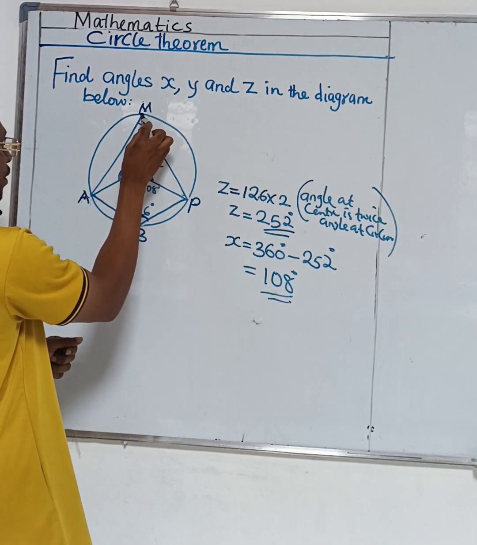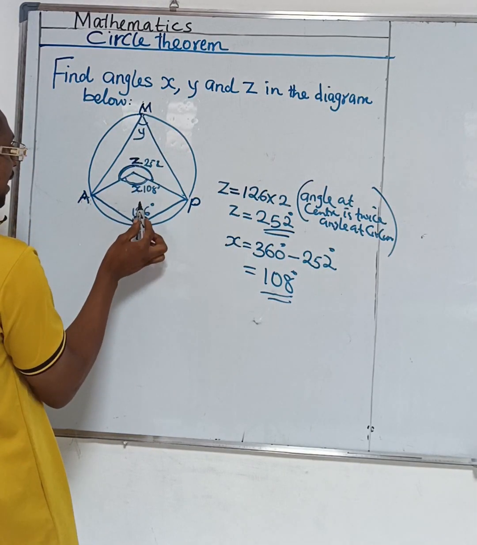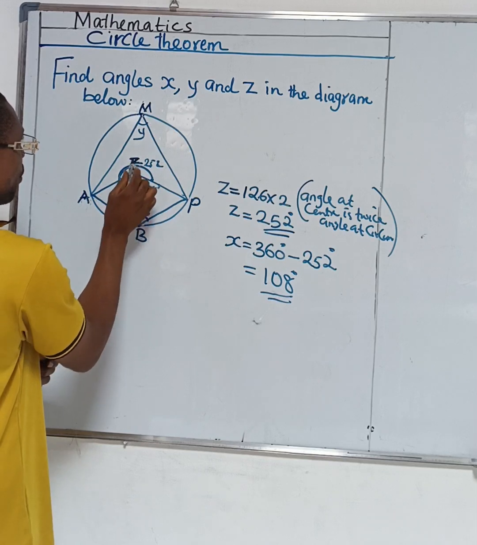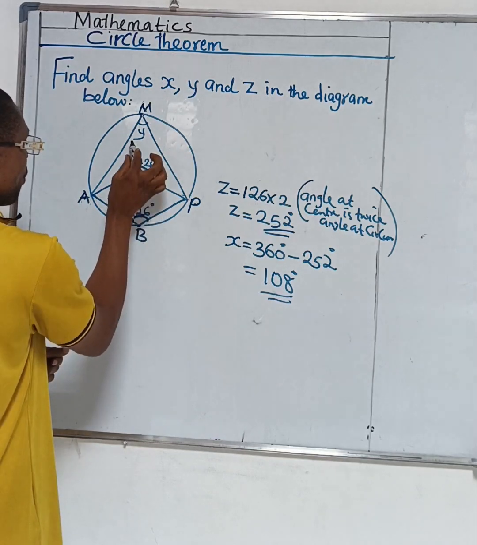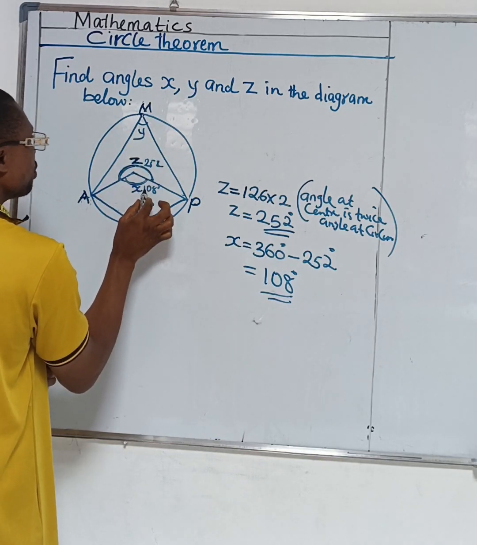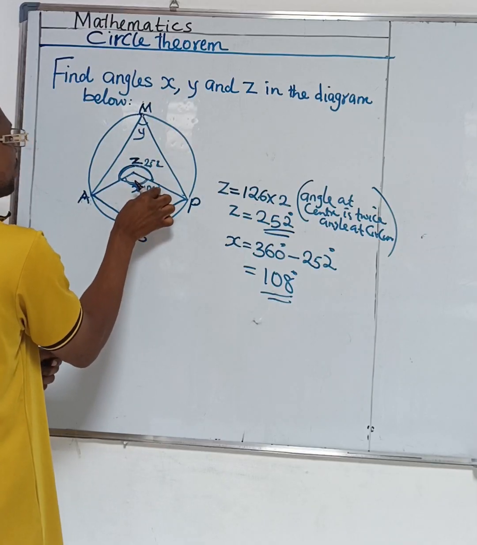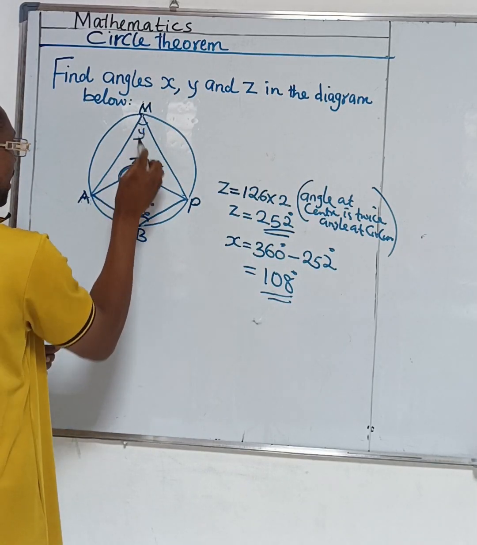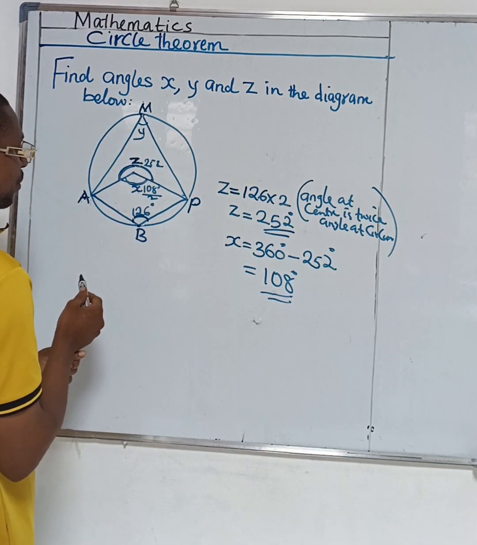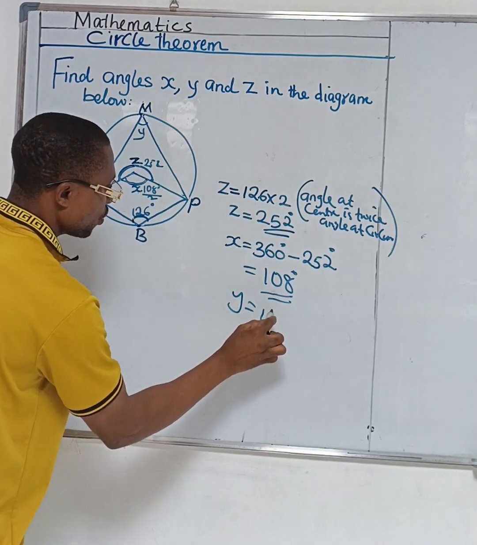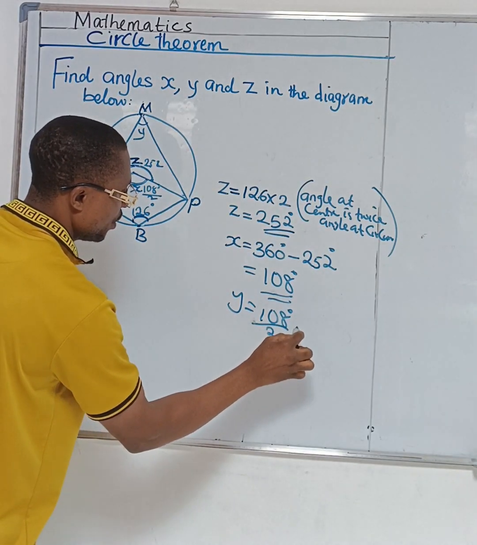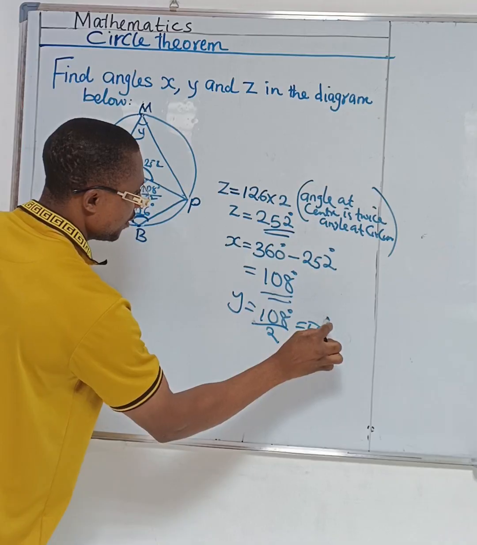Since this is the angle at the circumference and this is the angle at the center, what we do is divide, because the angle here must be bigger than this. That is, the angle here will be 2 times bigger than this. So to get here, we divide 108 by 2. That means y is equal to 108 degrees divided by 2, which will give us 54 degrees.